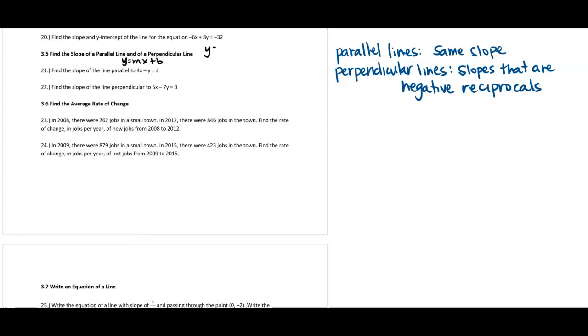Let me write up here. So I've got 4x minus y equals 2. I want to get y by itself, so I'm going to subtract the 4x over. So I'll have negative y equals negative 4x plus 2, but then I still need to divide everything by -1 to get y by itself.